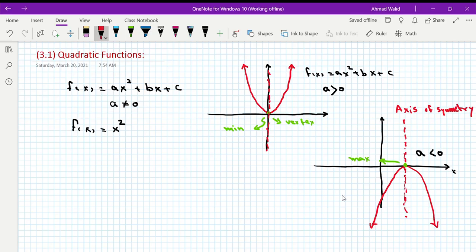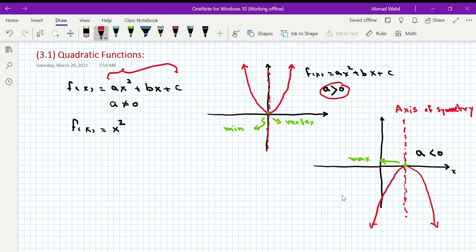A few things to remember. General form, f of x equals ax squared plus bx plus c. That's a quadratic function. If a, the coefficient of x squared, is greater than 0, the graph opens upward. If a is less than 0, it means the coefficient of x squared is negative, the graph opens downward. The shape of the graph is a parabola.